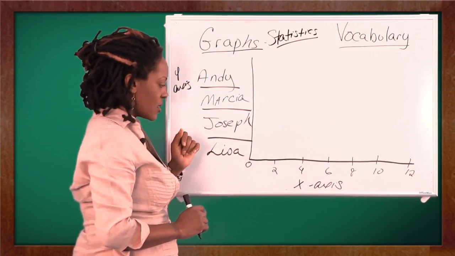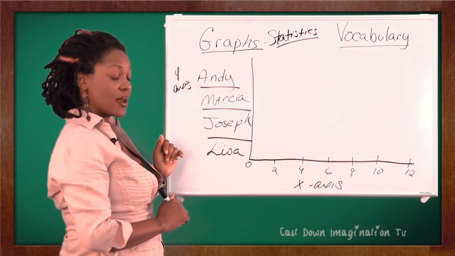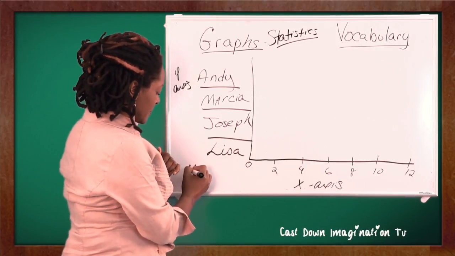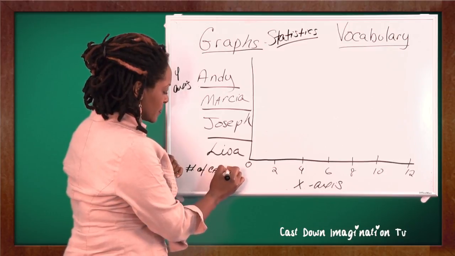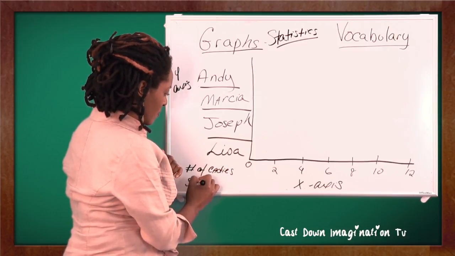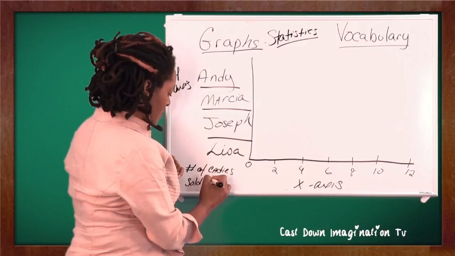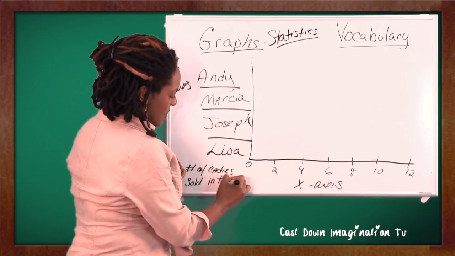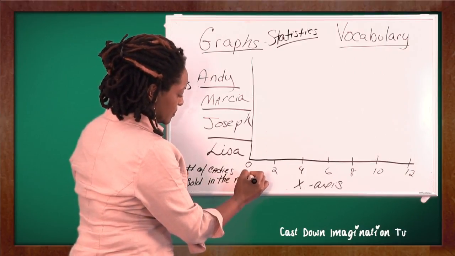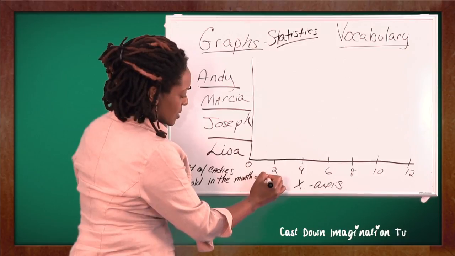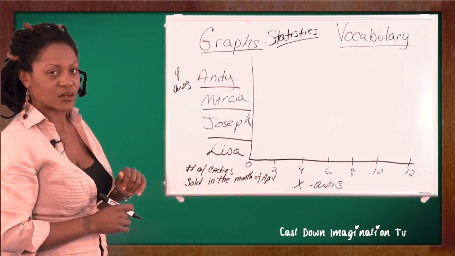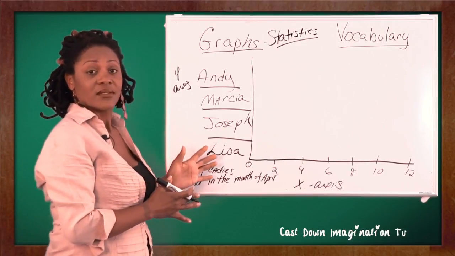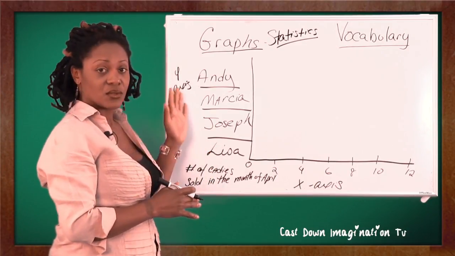All right, so here on the bottom axis, we're going to have the number of candy sold in the month of April. So say these students had a fundraiser going at their school, and a teacher wants to evaluate how many candies each student sold.